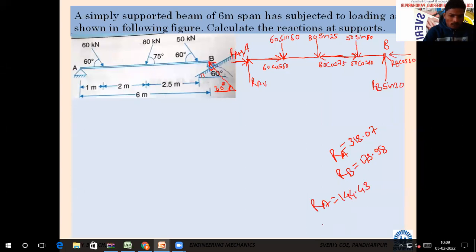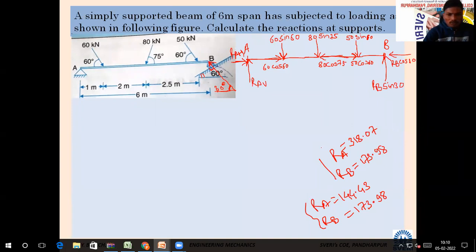And what is your RB? RB is equal to 173.98. Mansi, roll number 30, my RB is also the same. And what about RA?